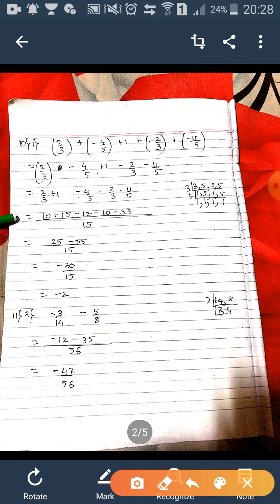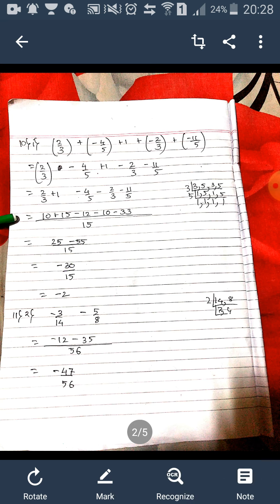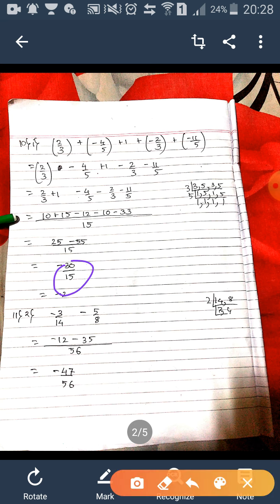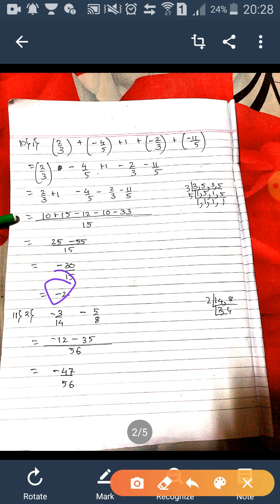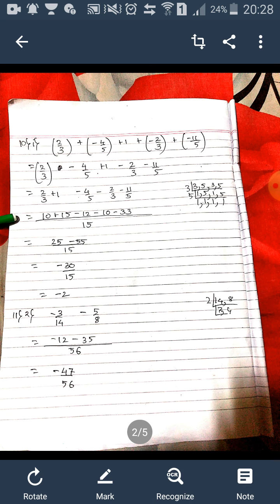So it becomes 25 minus 55 by 15. What is 25 minus 55? 25 minus 55 is minus 30. Yes, and in the denominator you have 15. So what is minus 30 by 15? It is minus 2. Yes, so it is very similar to fractional addition and subtraction.